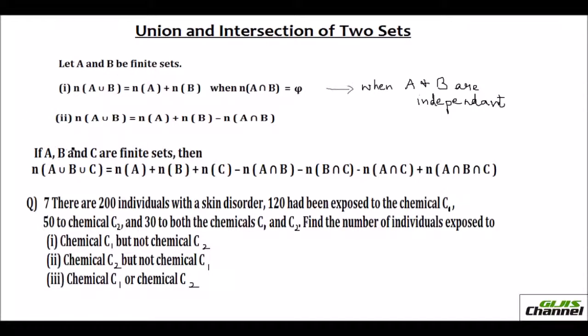What if you have three sets? If you have three finite sets A, B, C, then the formula would be number of elements in A union B union C is equal to number of elements in A plus number of elements in B plus number of elements in C minus number of elements in A intersection B minus number of elements in B intersection C minus number of elements in A intersection C plus number of elements common in all the three, that is A intersection B intersection C. So using these formulas, let us see how to solve the problems.